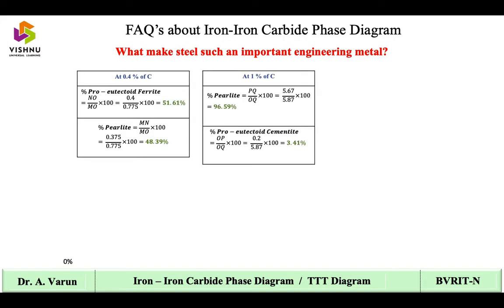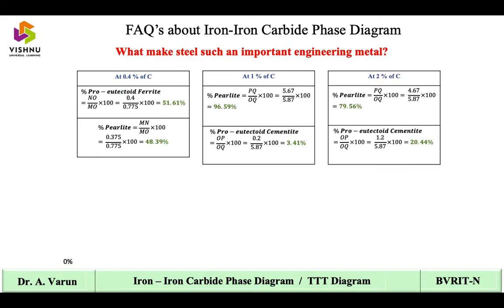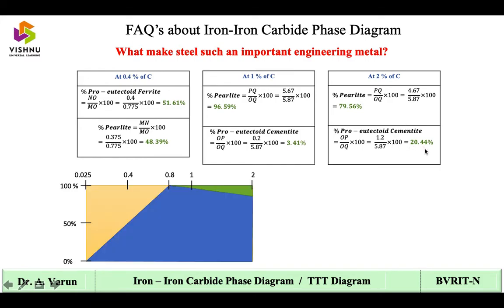So we have considered 0.4 percentage of carbon, 1 percentage of carbon, and I am going even for 2 percentage of carbon in the similar way. You may also try it out and calculate. I got pearlite as 79.56 and proeutectoid cementite as 20.44 percent.